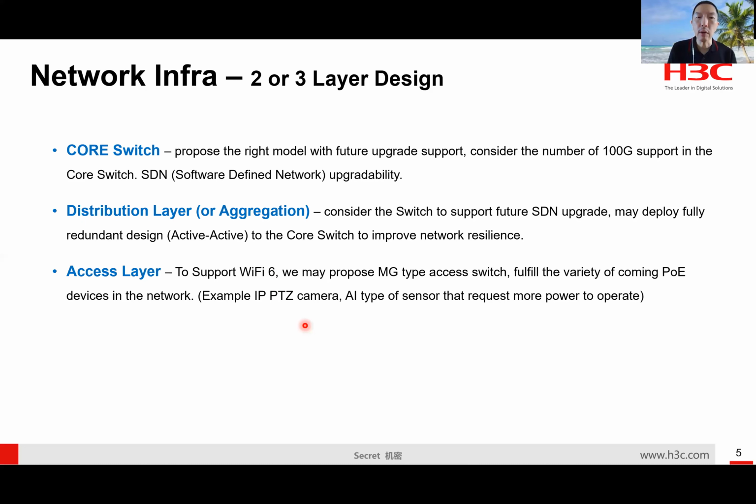But right now, devices like IP PTZ cameras and some AI-type sensors require more power and more bandwidth to operate. These requirements will speed up the network infrastructure upgrade for most customers, and this is of course a great opportunity.